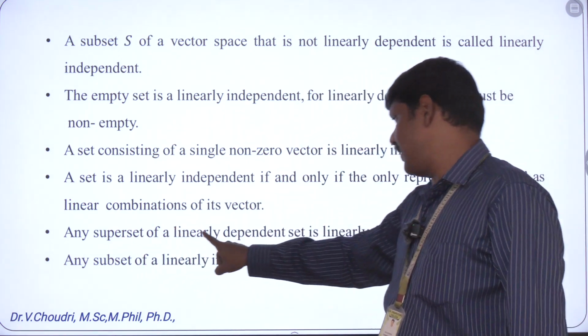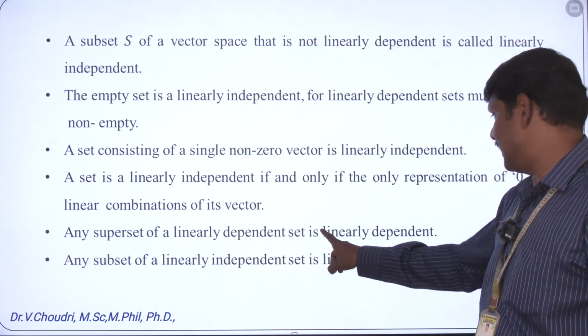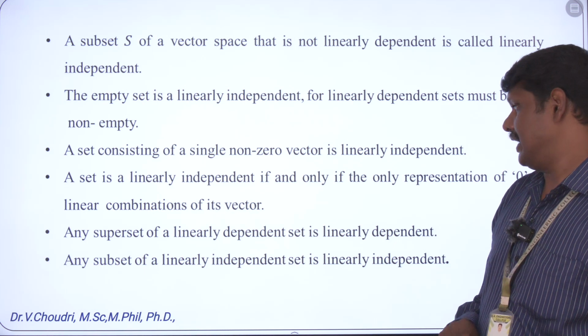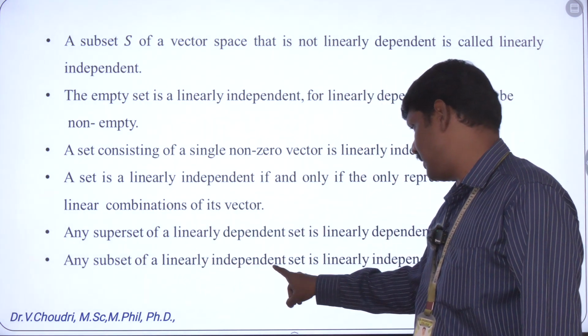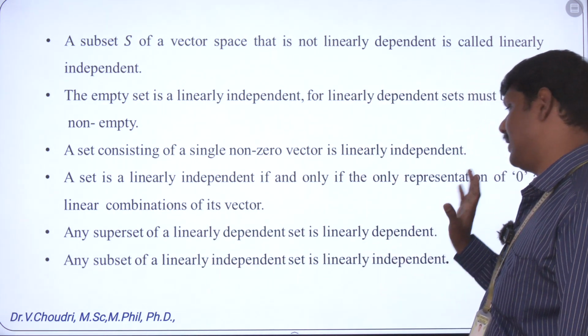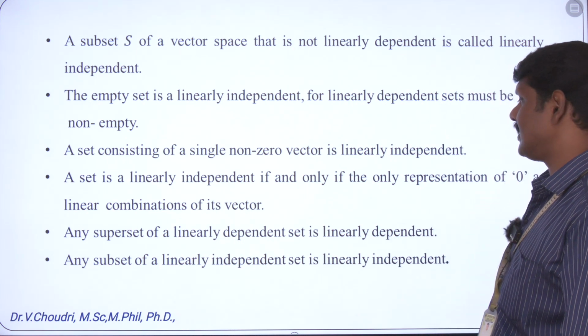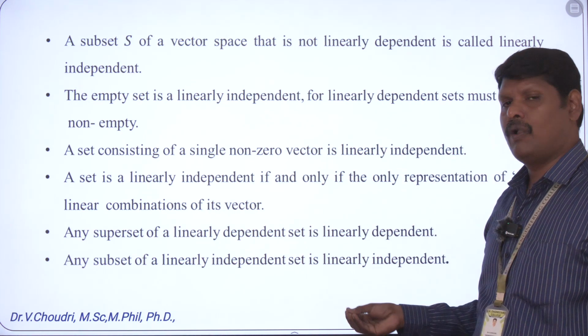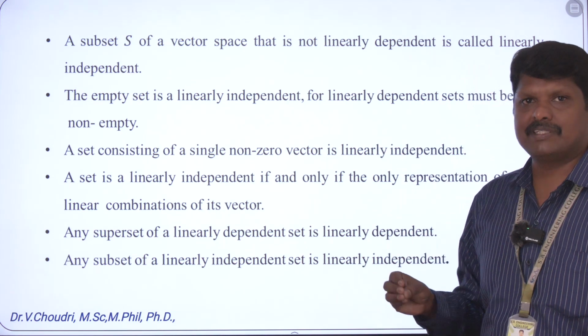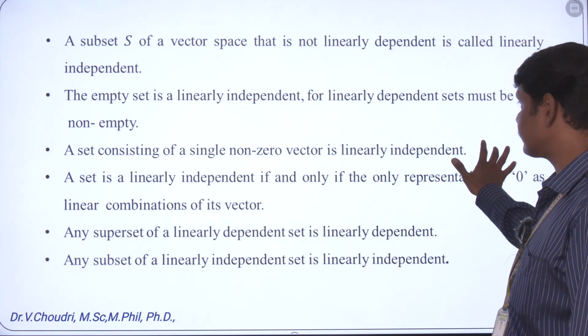Any superset of a linearly dependent set is linearly dependent. Any subset of a linearly independent set is linearly independent. Clear? These points will be very helpful when you do the objective problems in the GATE examination.